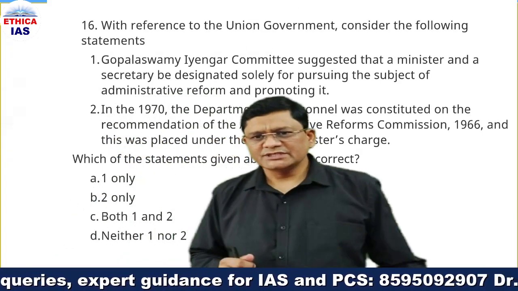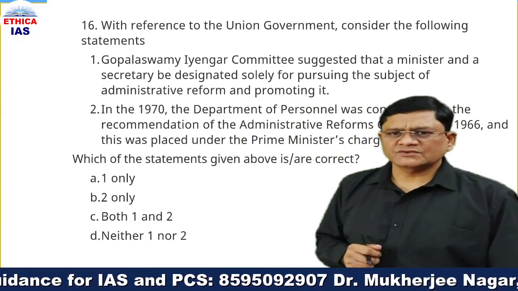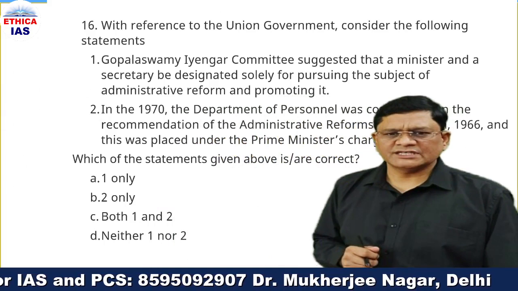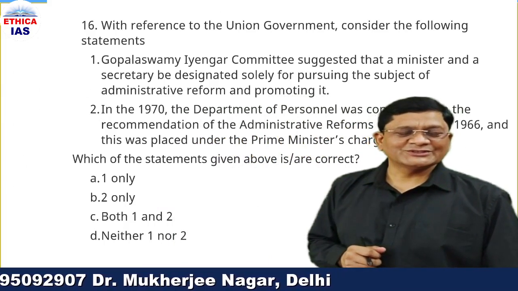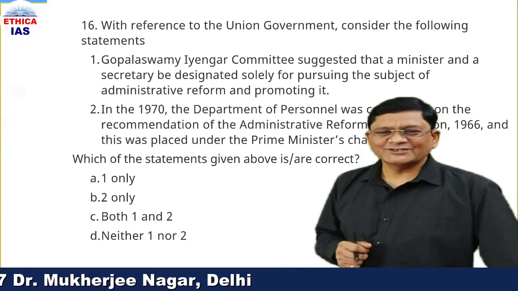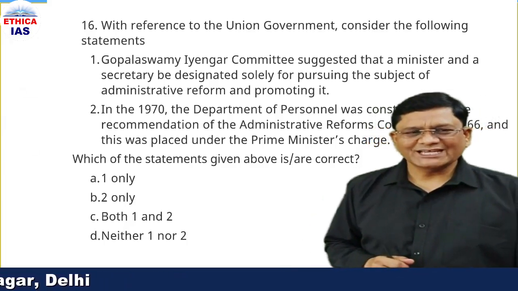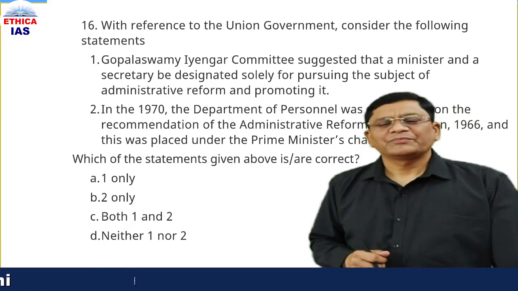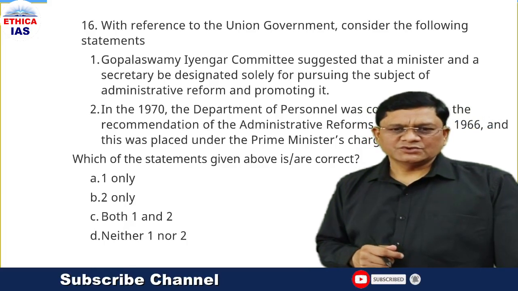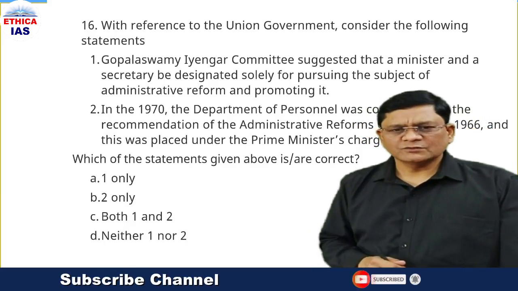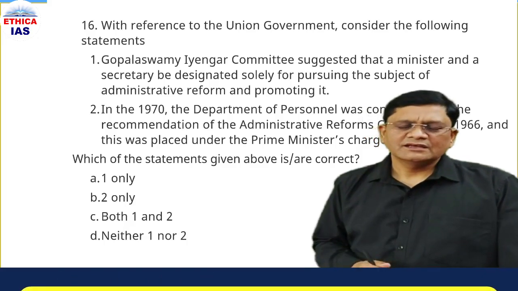This is the 15th question. Now, the 16th question. The Gopalaswamy Iyengar Committee suggested that a minister and a secretary be designated solely for pursuing the subject of administrative reform and promoting it. This question is not related to the constitution. It is related to the Indian administrative system, so it is related to public administration, basically to departments of the Government of India. Gopalaswamy Iyengar was a member of the Constituent Assembly and a bureaucrat basically.